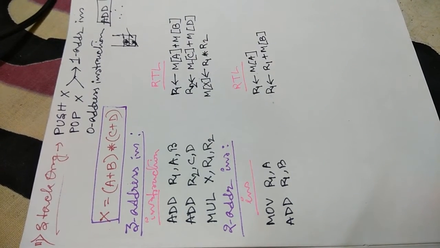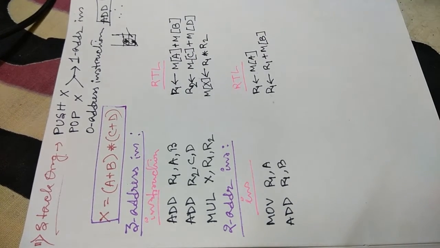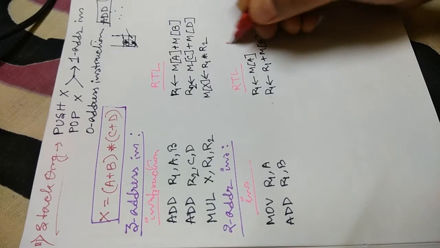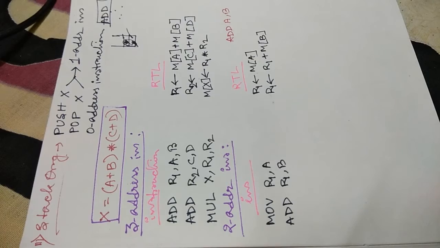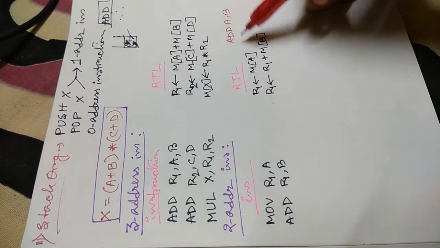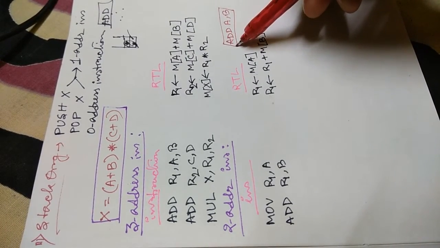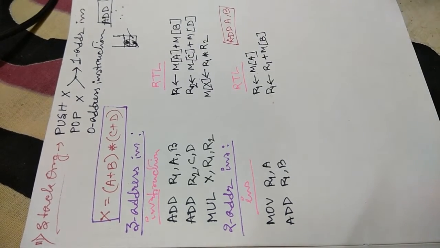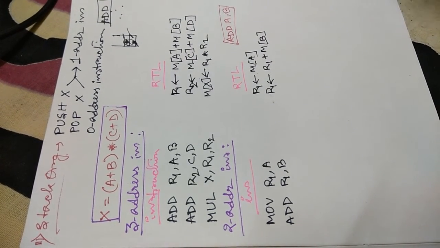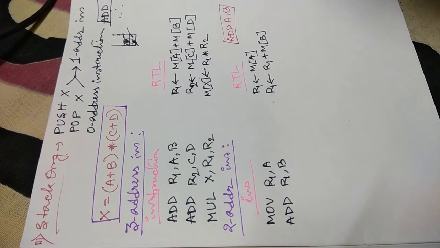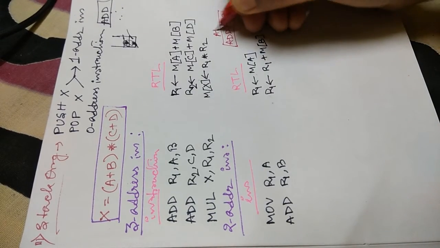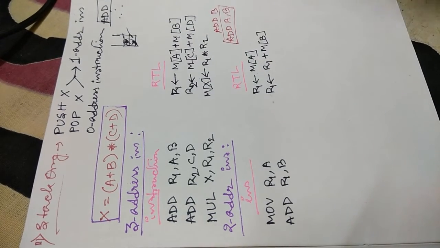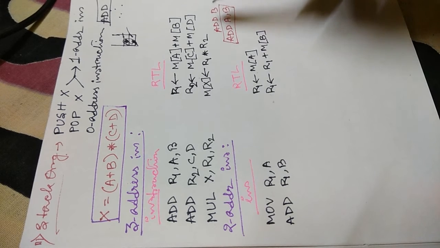I know your question is, why can't we write add A comma B? It is a 2 address instruction, but why can't we write this? Actually, for addition or any kind of operation, we need a register. You are familiar with 8085 instructions, like only add B or add C, because there the accumulator is implied.